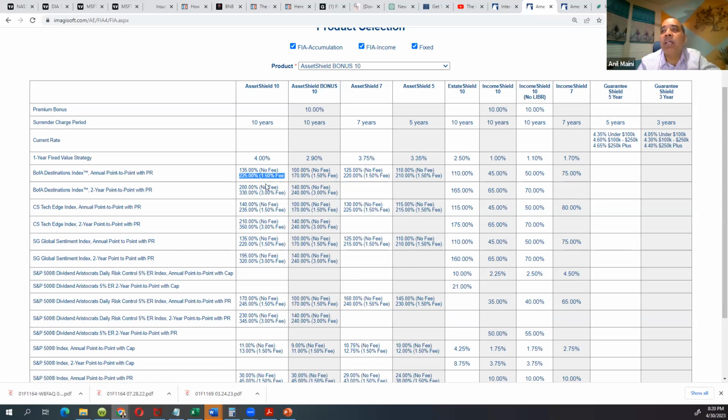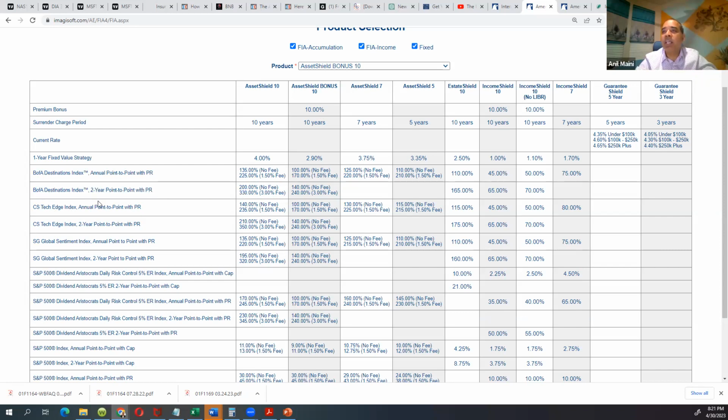Even if in 1 year out of the next 10 years the market goes up, then all the fee will come back, because of the returns. We will see that. So I usually distribute money in these illustrations with the Asset Shield American Equity. I distribute one-third into the Bank of America Destination Index, 2-year point to point, 330% participation rate.